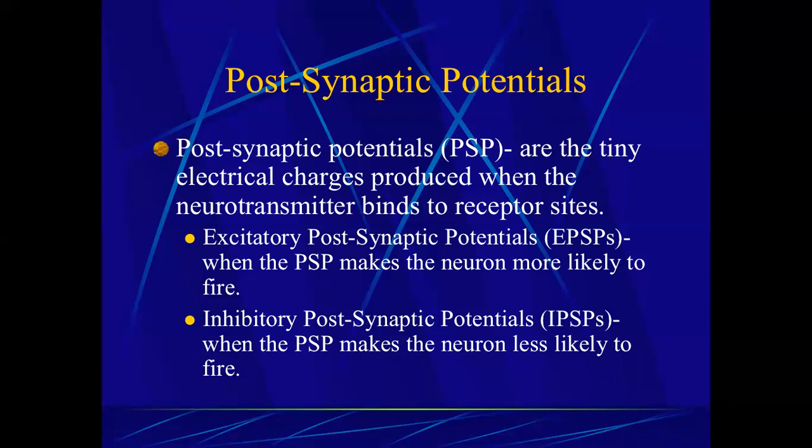Excitatory postsynaptic potentials make it more likely to have an action potential, whereas inhibitory postsynaptic potentials occur when you have an inhibitory neurotransmitter bind to the receptor site and you have hyperpolarization of the second cell, making it harder or less likely to fire. So I said a lot and I summarized there. Any questions about postsynaptic potentials?